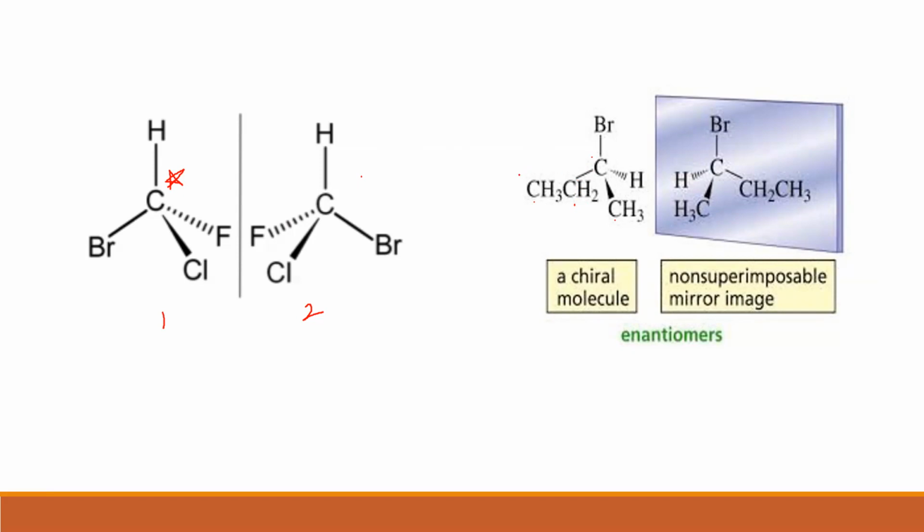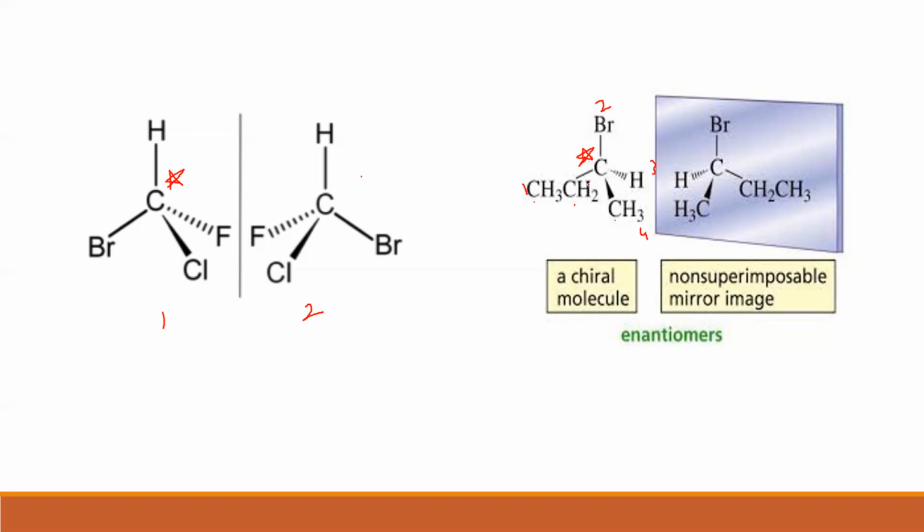Yes, it is, because on one side I have ethyl. This is the second group, the third atom, and the fourth group, which means this carbon is attached to 4 different entities or 4 different substituents. Such a carbon is called a chiral carbon. And any compound which contains a chiral carbon is called a chiral molecule, and a chiral molecule is optically active.